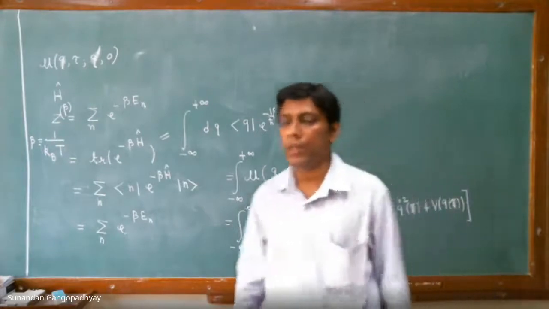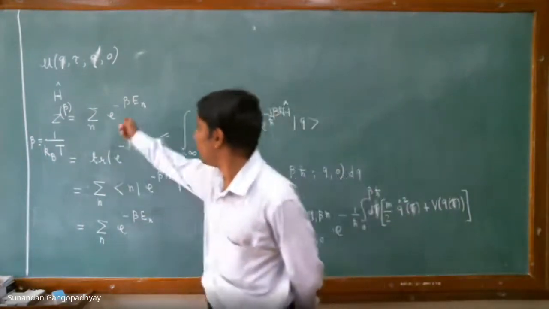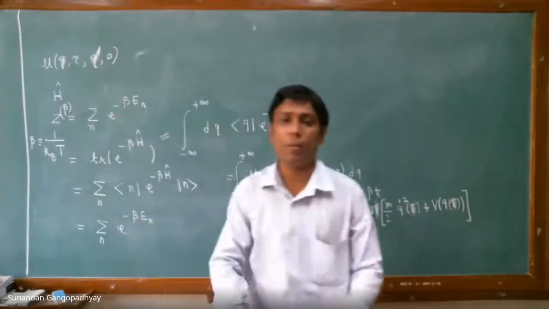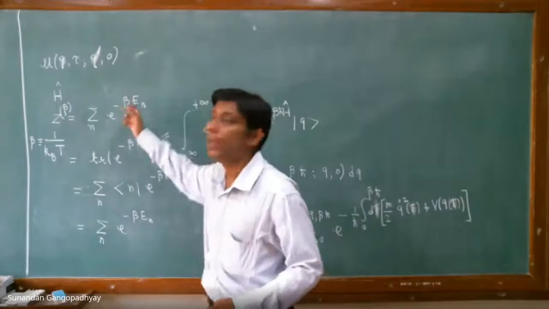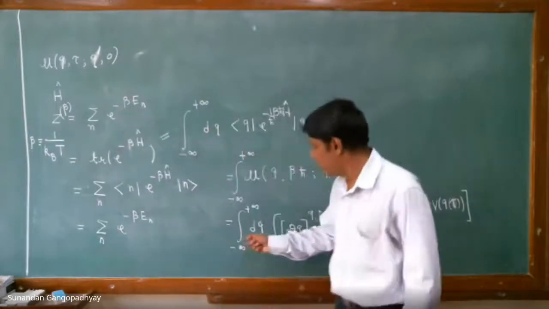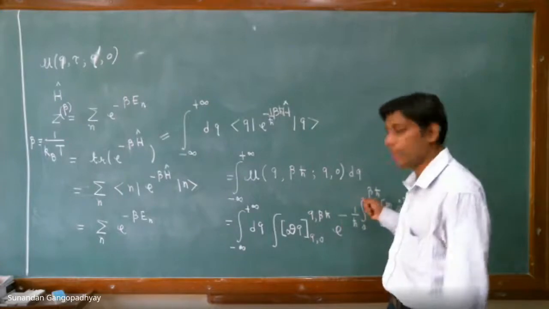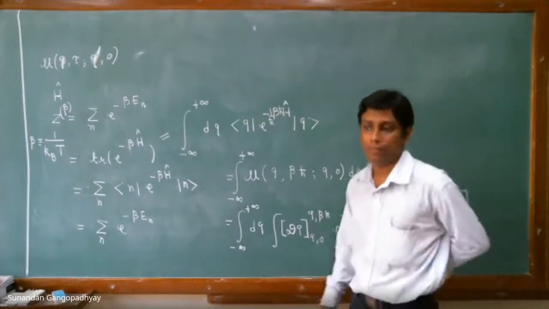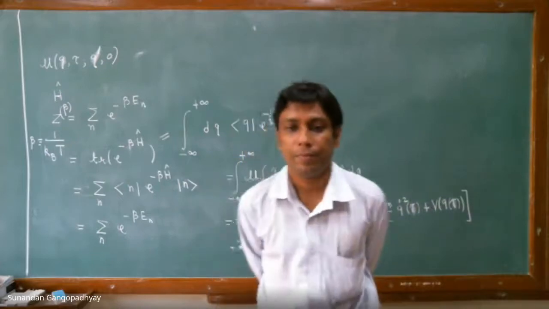Is this correspondence clear? Here beta was not time. You had only one spatial dimension. Here you have one spatial dimension, but beta h bar, this beta factor, is now playing the role of time. And therefore, a time dimension has increased.